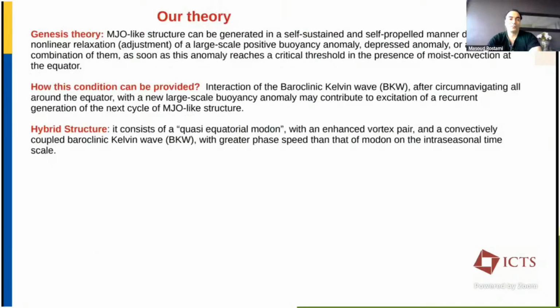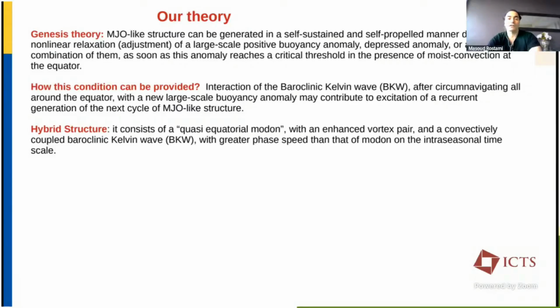But what we offered, in fact, is that the MJO structure is self-sustained and self-propelled due to moist convection, due to nonlinear adjustment of the large-scale positive buoyancy anomaly or depressed anomaly or a combination of them, as soon as this anomaly reaches a critical threshold in the presence of moist convection at the equator.